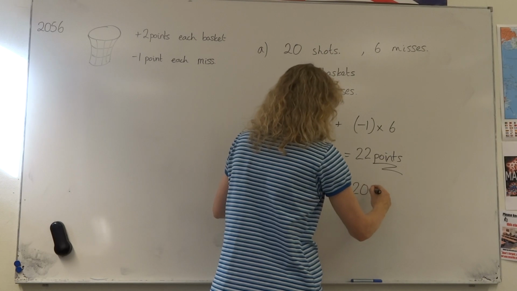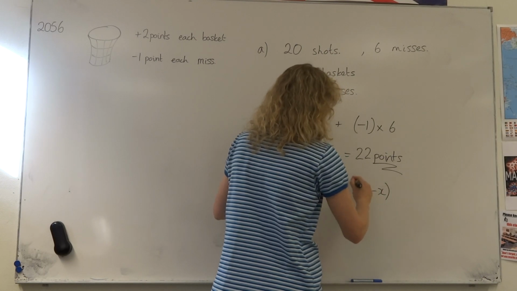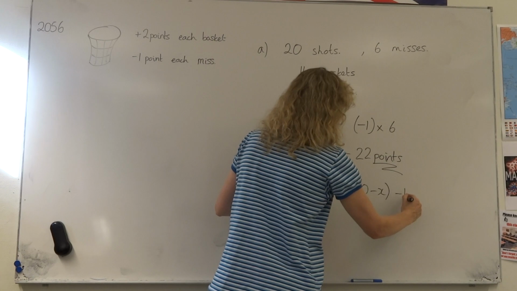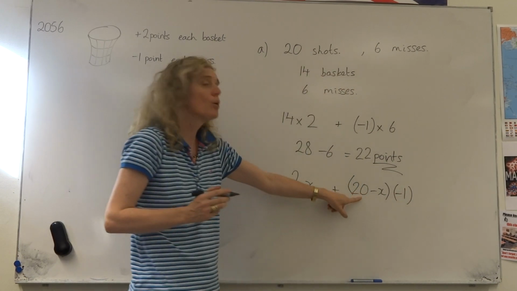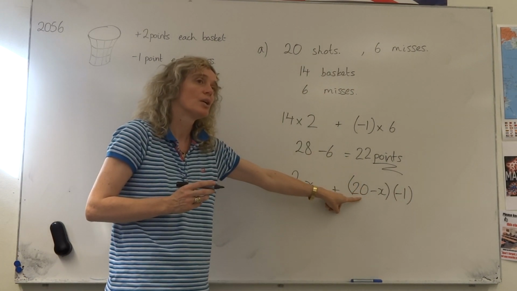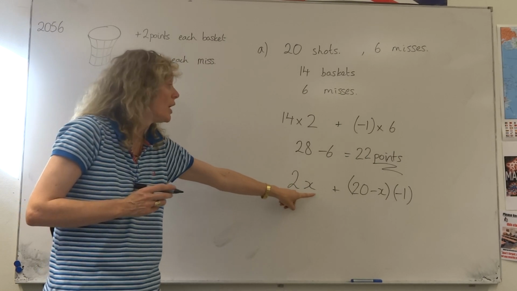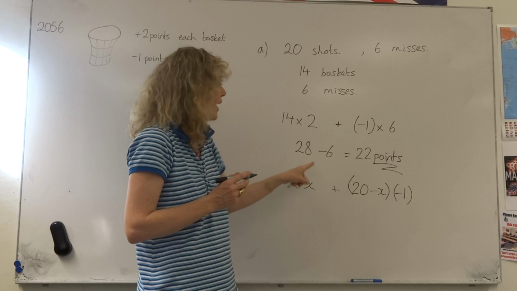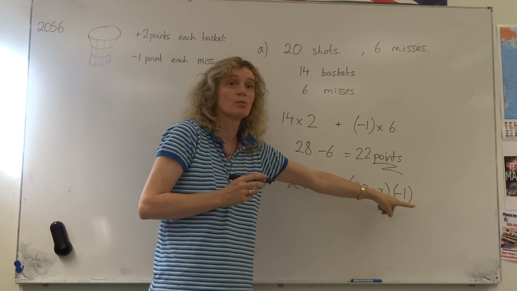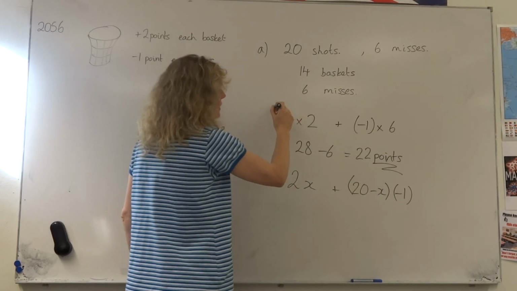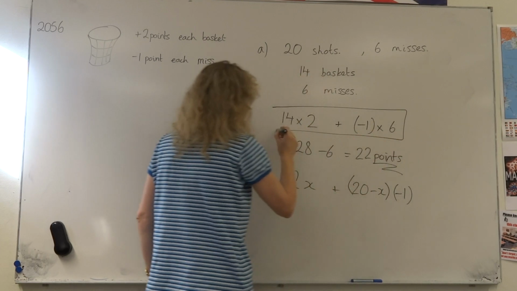Well, that would be 20 minus whatever x was. And of those, she'd get -1. We know she shot 20 baskets. So if we don't know how many she got points on, the points that she missed must be 20 minus x times -1. So here is this one as an equation.